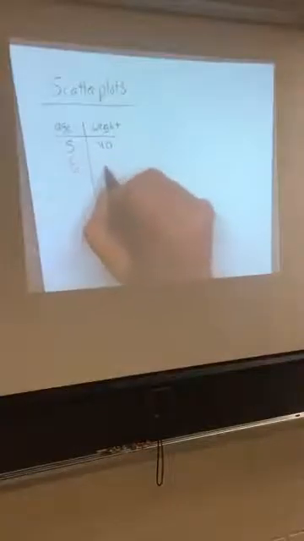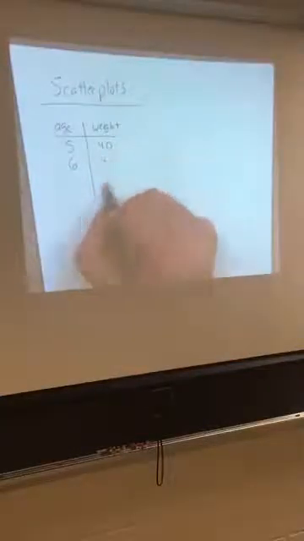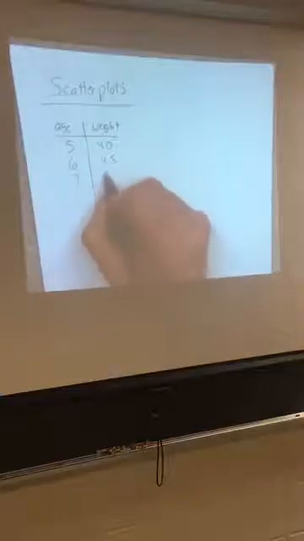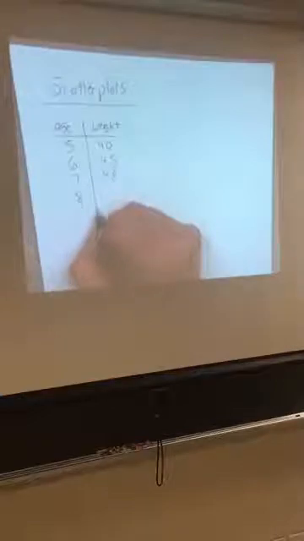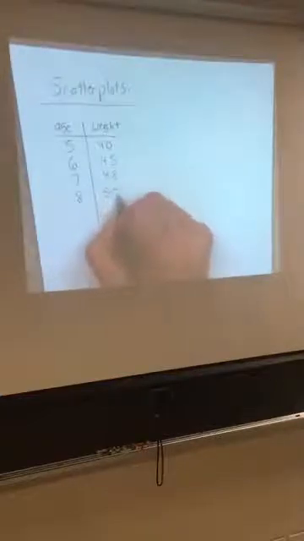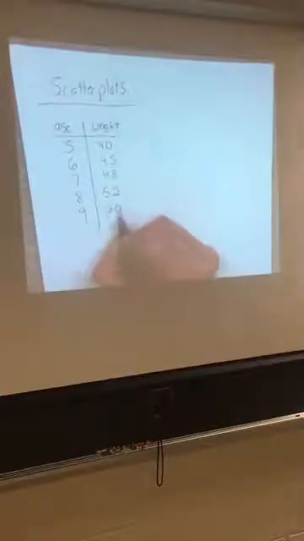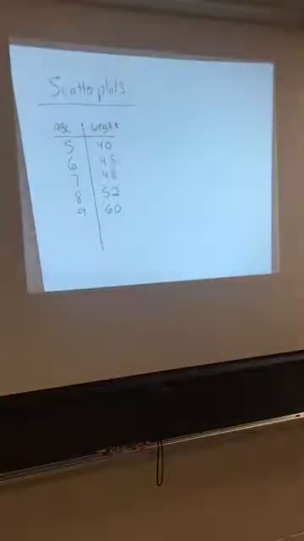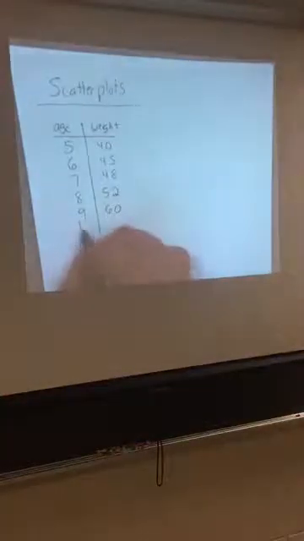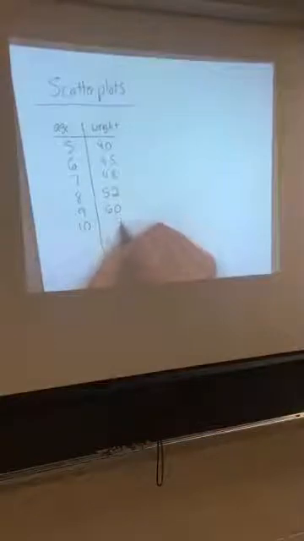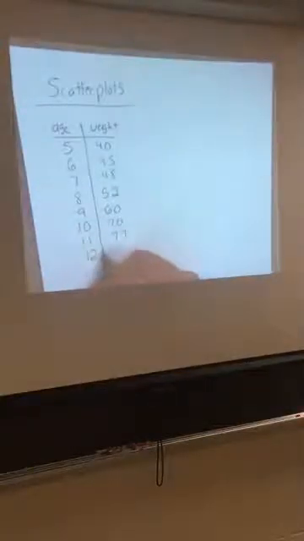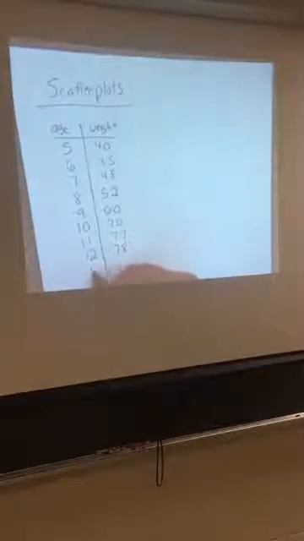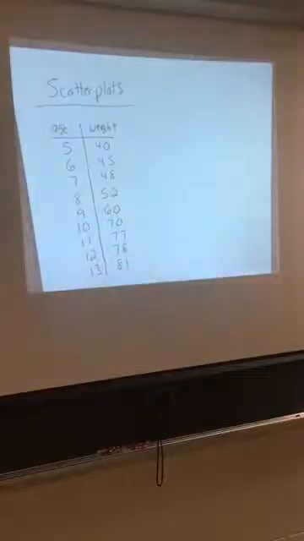Then maybe a 6-year-old weighs 45 pounds, and maybe they start to hit their growth spurt and grow a little bit here, so maybe 10 was up to 70, 11, 77, and maybe at age 12 they didn't grow as much, and so on. I'm going to stop there because you probably get the point.